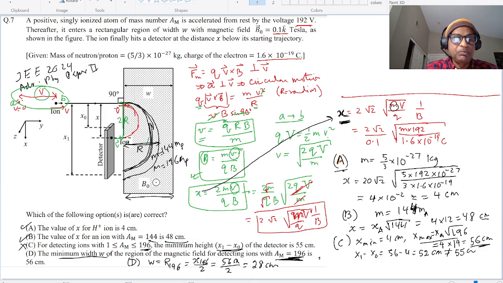The claimed minimum width was 56 centimeter, which is not correct. So the answers are A and B.